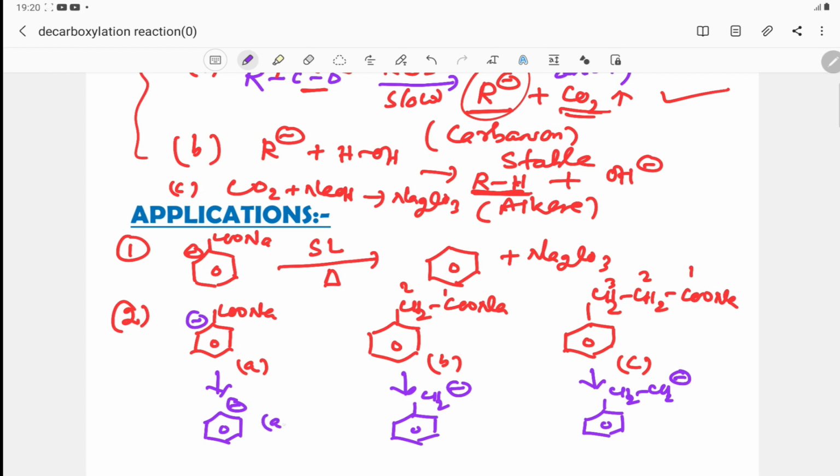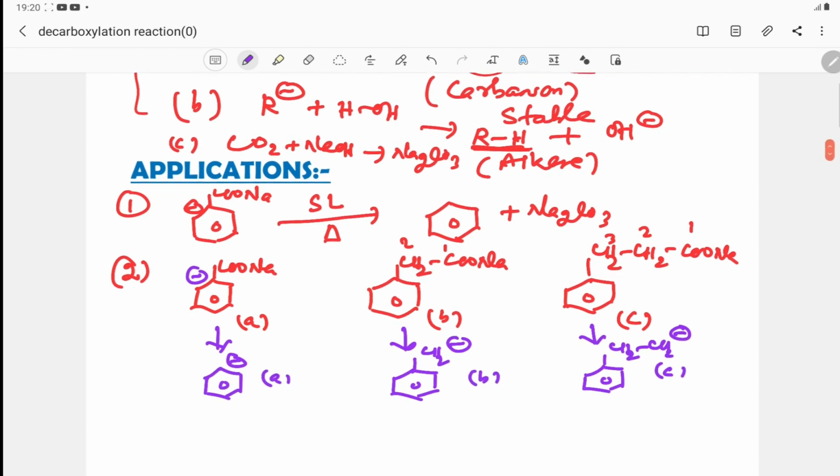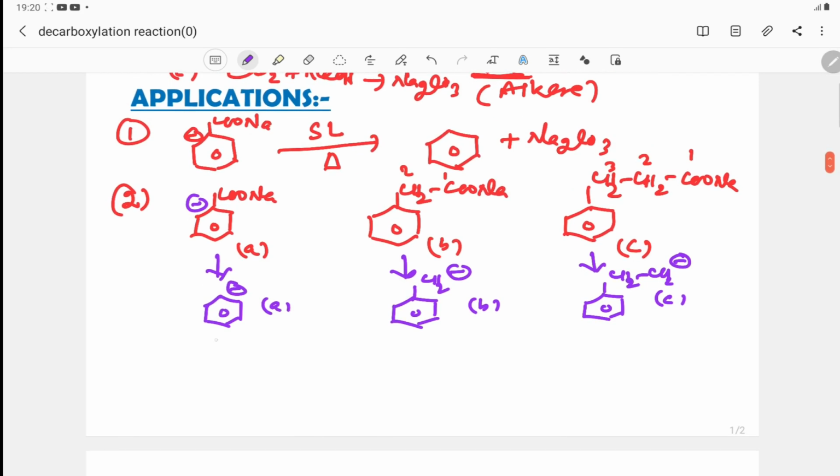suppose this is A, this is B, this is C. If you see the stability, benzene having a minus charge is very unstable, and benzyl carbanion is more stable by resonance. Delocalization takes place with the help of the phenyl group.